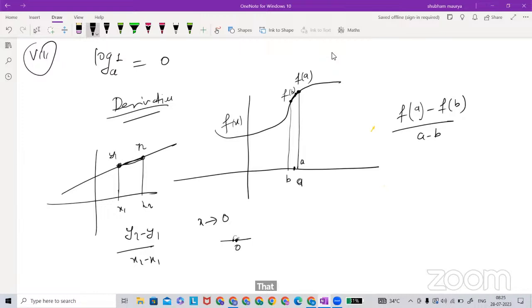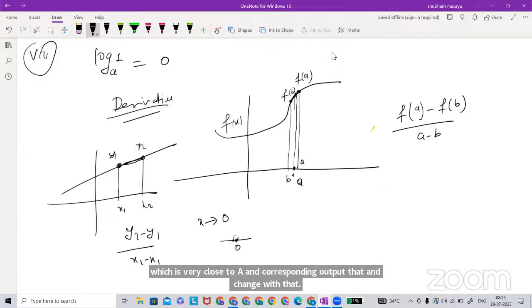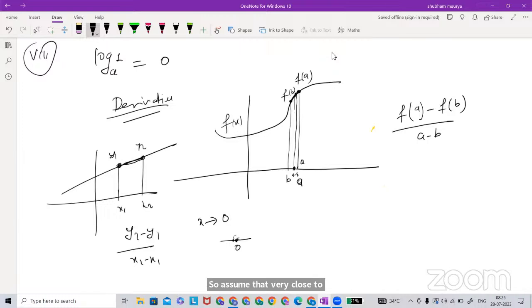Can we think similarly here, very close to a, and the corresponding change in output? Assume that very close to a is a minus epsilon, where epsilon is a very small number. So the output will be f(a minus epsilon).